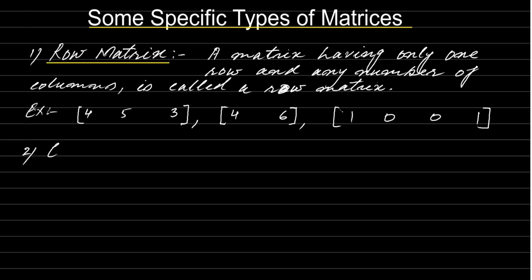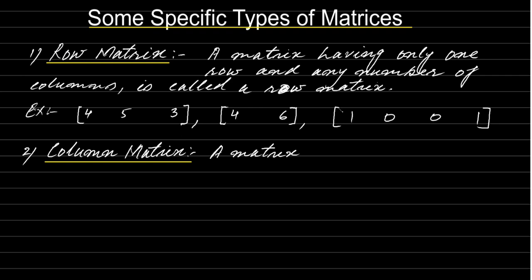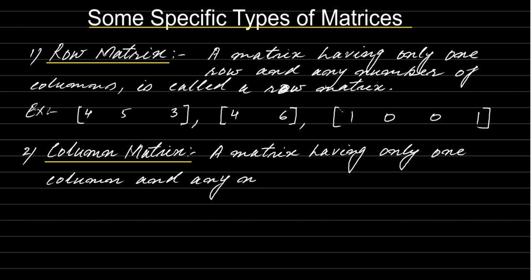Second, column matrix. A matrix having only one column and any number of rows is called a column matrix.